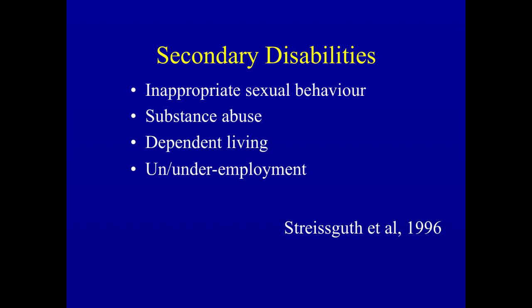Streissguth has talked about secondary disabilities, which are the consequences of the intellectual disabilities observed in children when they were younger. She talks about inappropriate sexual behavior: affected women may be involved in relationships that are not appropriate for their age and stage, and affected men may have difficulties with impulsivity in terms of sexual behavior.